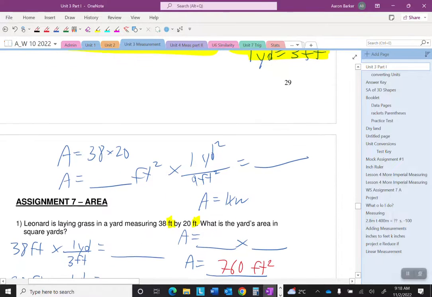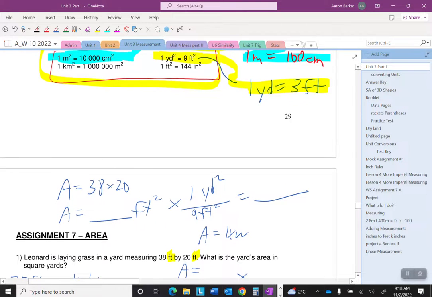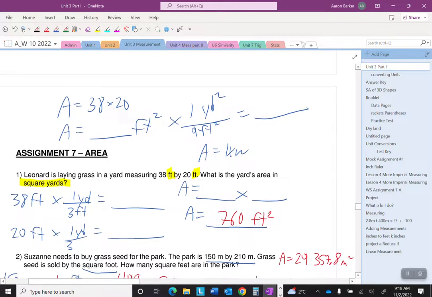Okay. So assignment number 7. Okay. Number 1, it says 30 feet by feet, and what they're asking for though is square yards. So you got to convert. You can either convert at the beginning or find the area and convert after, your choice. Okay.